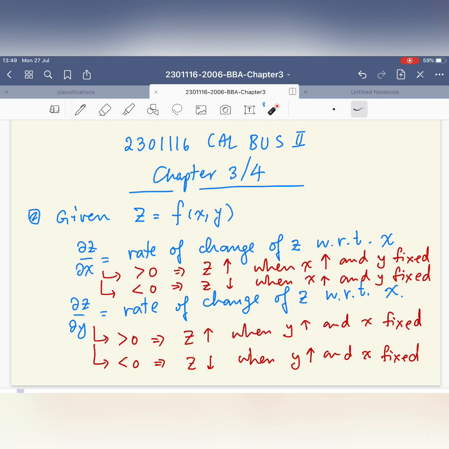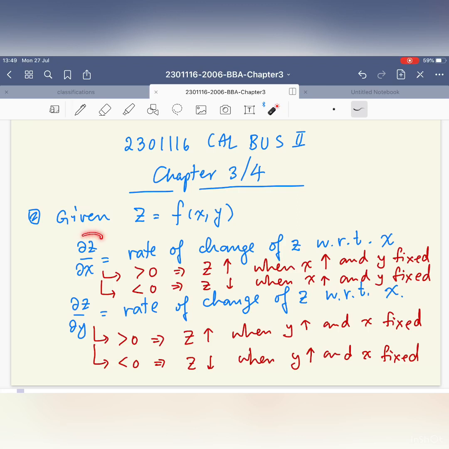Okay, what we have learned before is that if we are given z as a function of x and y, then the derivative of z with respect to x can be interpreted as the rate of change of the z value with respect to the x value. That change alone, not the y.